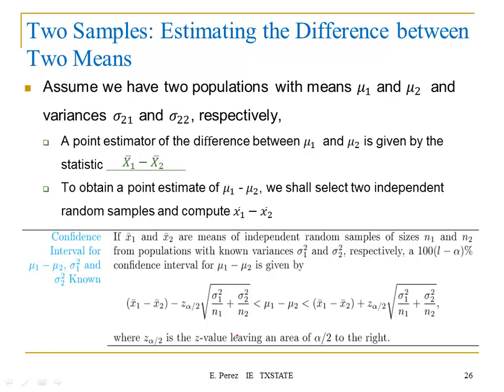And once you assume that you know the values of the population variances, you will be using the standard normal distribution to compute the confidence intervals. In other words, you're going to use the Z table.